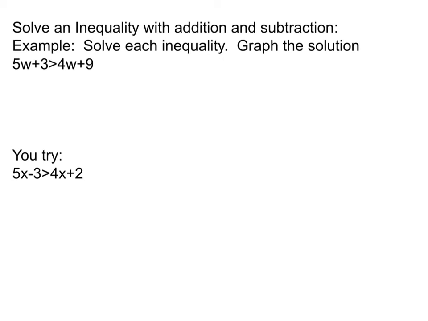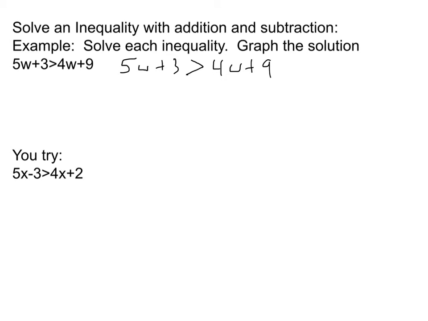So first, let's solve these pretty basic ones that really just need us to add or subtract, which is kind of nice. So we have 5w plus 3 is greater than, so that's an inequality, it's not equal, it's greater than 4w plus 9.